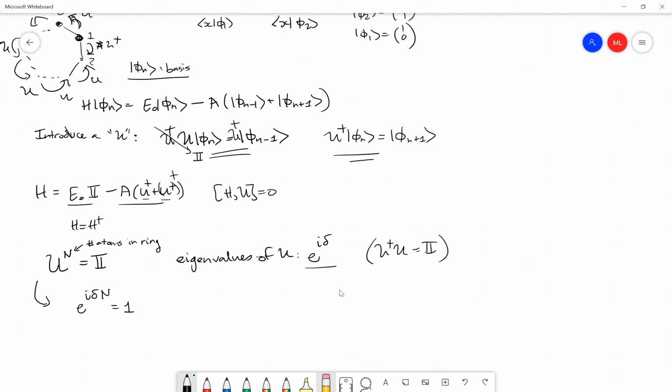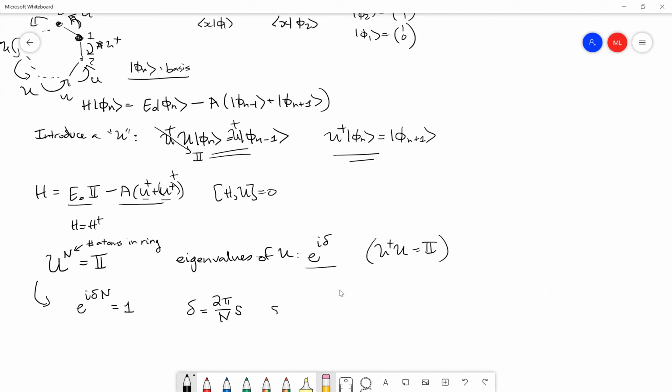And that means that the only options for the possible eigenvalues are that delta is a multiple of 2 pi over n, because that's the only way this will give us 1. This delta has to be a multiple of 2 pi.